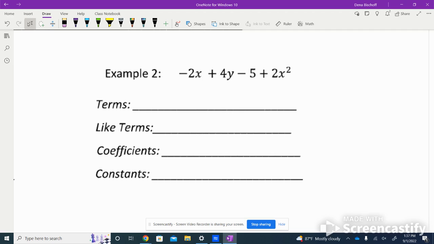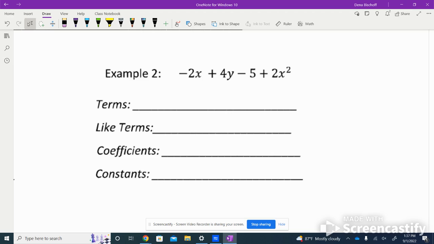Coefficients. What are the numbers attached to the variables? Jane, help us out. What are all the coefficients? Negative 2, 4, and 2. Negative 2 is attached to a variable, 4 and 2. Okay, are we good with that?